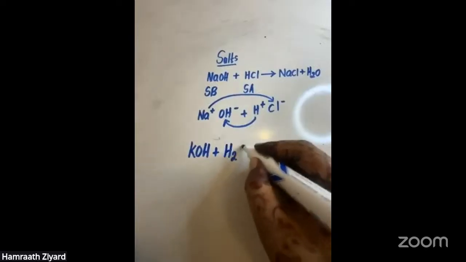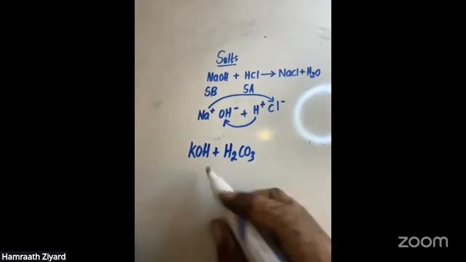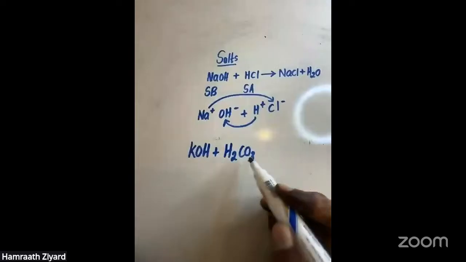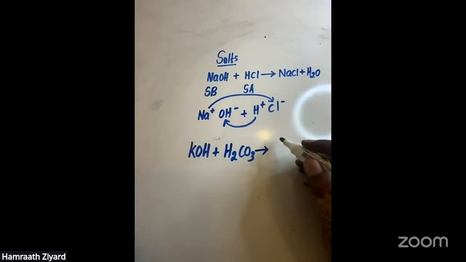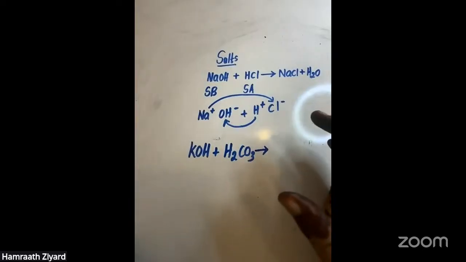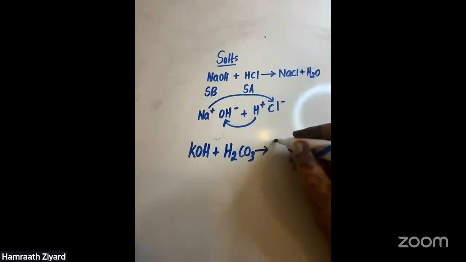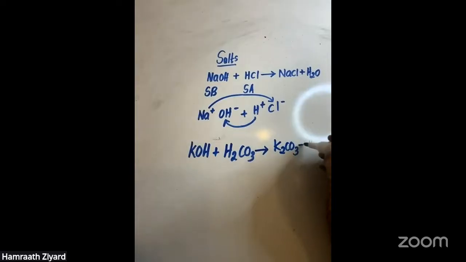If I take potassium hydroxide with the carbonic acid, you will also form salt. What is the salt you will be forming? Yes, you can form potassium carbonate plus water. This is also going to be a salt.